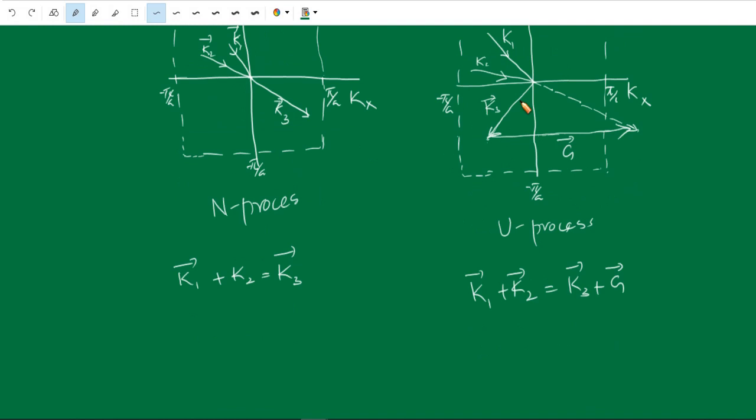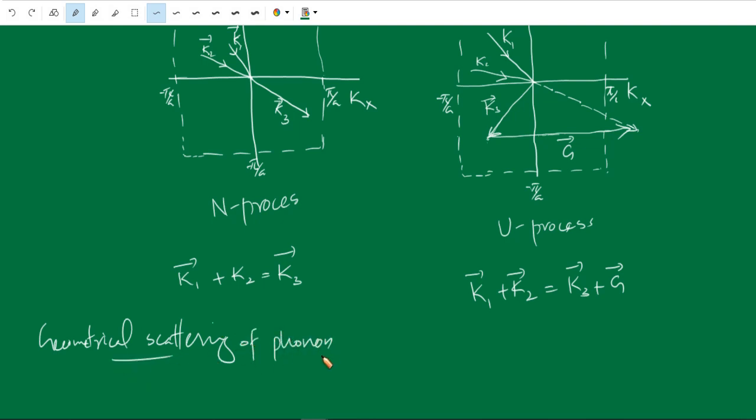Now let us see how the geometrical scattering of phonons affects the mean free path. The second thing which affects the mean free path is geometrical scattering of phonons.